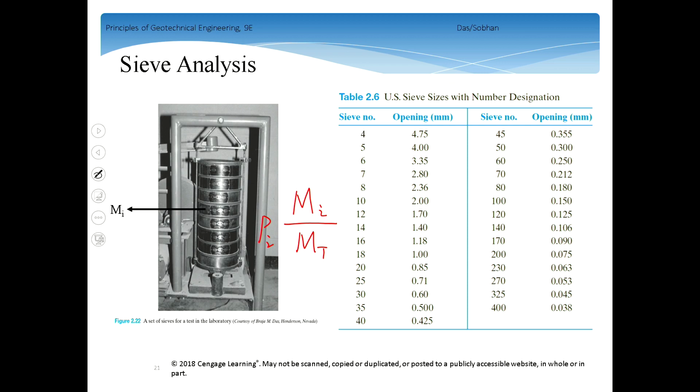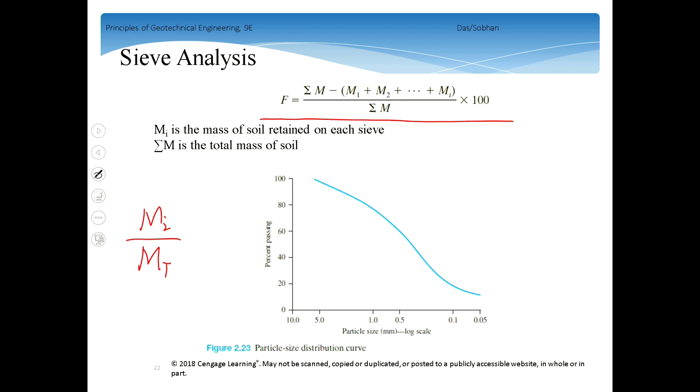And if you accumulate the mass on the first sieve, then you get 100%. Then for the second one, you need to account for the mass from the bottom one up to here, which is just the total minus the mass in the top one. So finally, the equation is here.